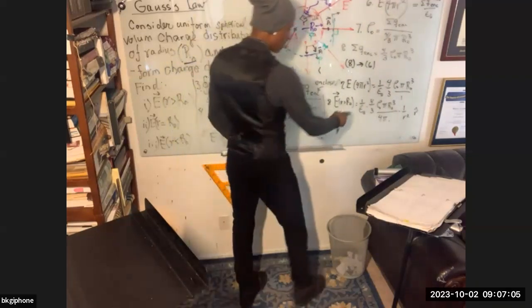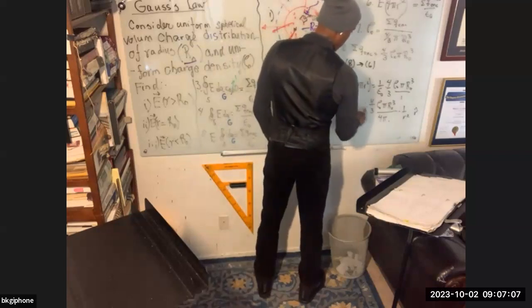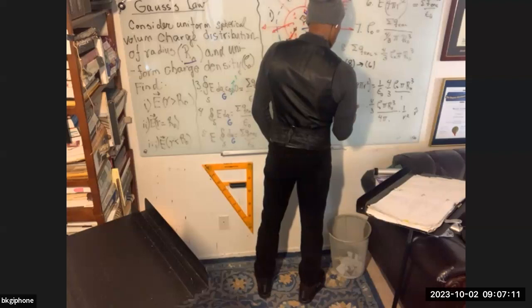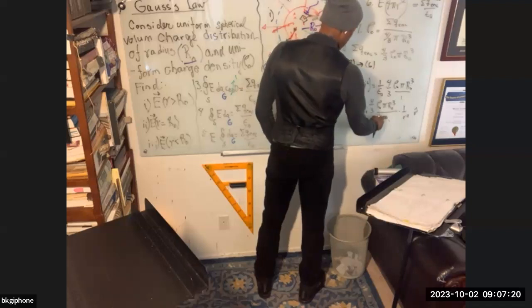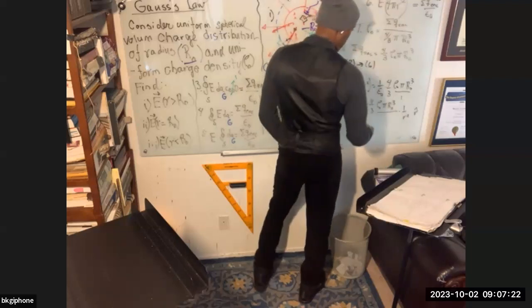I could take this epsilon naught and put it under here, or maybe take this 4 pi out. That's what I'll do. I'll take the 4 pi out because then that would be 1 over 4 pi epsilon naught, right? So that's just k.